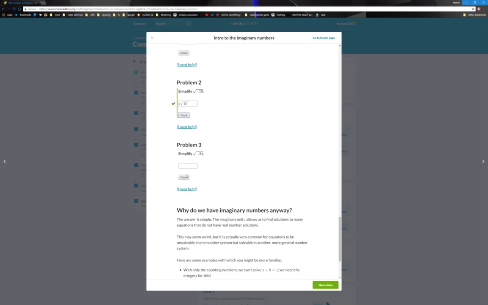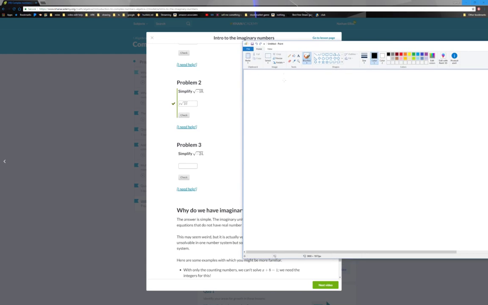Yep. Now we take the square root of negative 24. Well, 24 is greater than 0, so the square root of negative 24 equals i times the square root of 24. And let me think. So 4 and 6 can go into this.